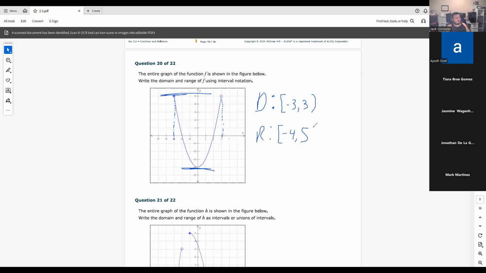So whenever you're doing range, it's just going lowest point to highest point, domain, leftmost point to rightmost point, and figure out if there's any brackets or parentheses, or if the function skips or jumps, because then you'll have to add pieces or do pieces at a time.